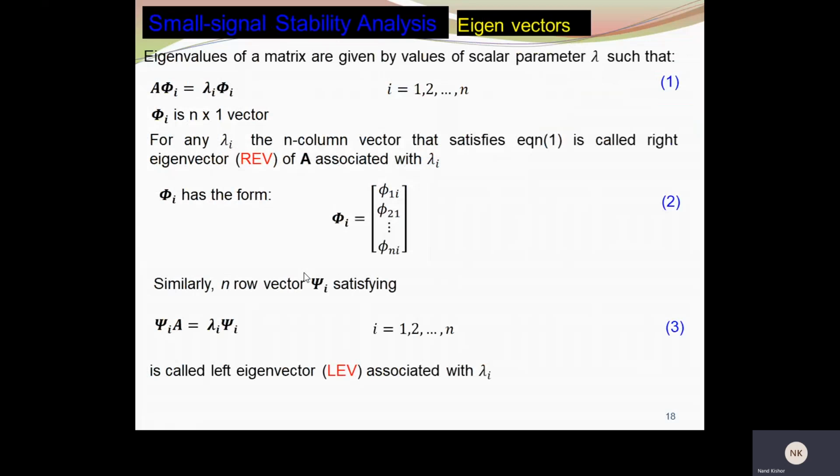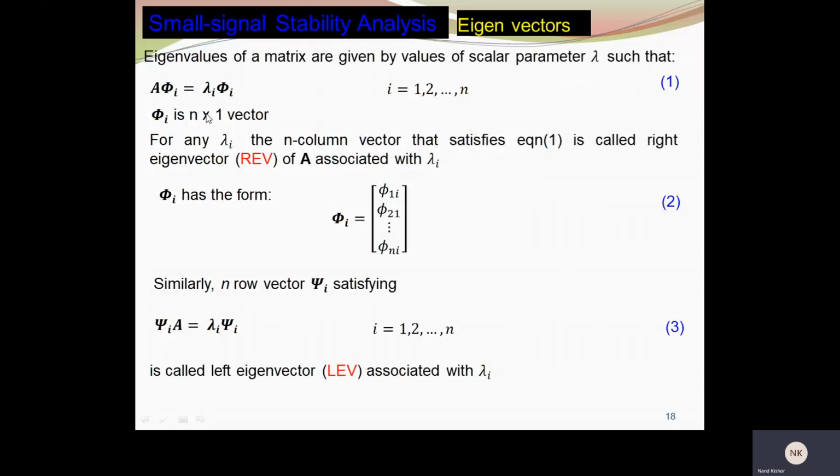Now here we want to discuss how we can perform the analysis referred to the small signal stability. The eigenvalues of the matrix are given by the values of the scalar parameter lambda such that equation 1 is satisfied: A times phi_i equals lambda_i times phi_i, for i equal to 1 to n.